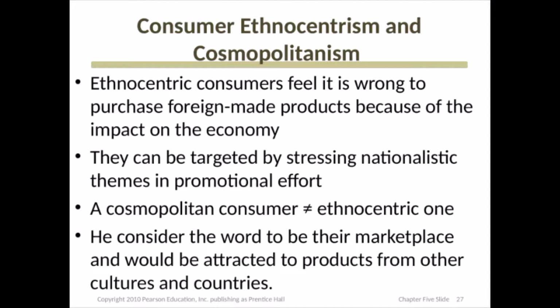لكن non ethnocentric consumers عادي، they evaluate the foreign made products and they may buy it. Okay, so they have no problem with buying foreign products.